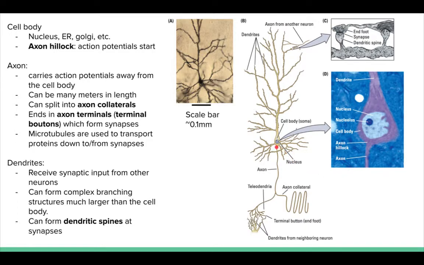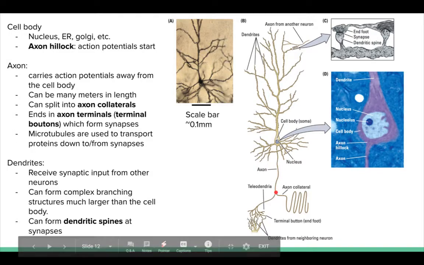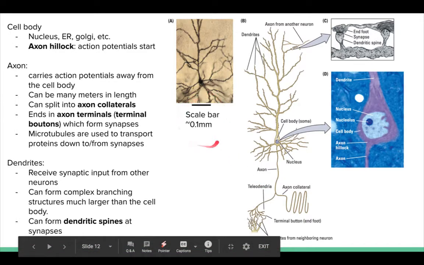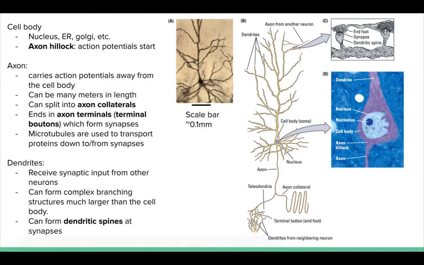Neurons, of course, have an axon, and the purpose of the axon is to carry the action potential away from the cell body towards the terminals. Axons can be incredibly long relative to the size of the cell body. A cell body is going to be much smaller than a millimeter, whereas an axon, for example the axon that innervates your little toe, goes all the way from the bottom of your back down your leg out to your little toe, so it can be a meter or more in length.